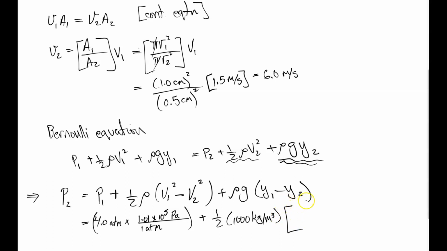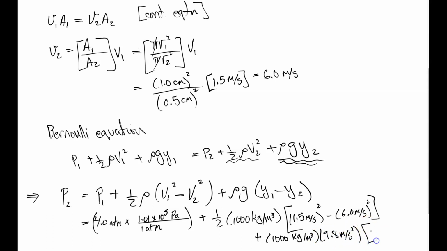V1 is 1.5 meters per second, quantity squared, minus 6.0 meters per second, quantity squared. I'm going to continue on the next line. Plus 1,000 kilograms per meters cubed times 9.8 meters per second squared times a minus 5 meters because y1 is lower than y2.